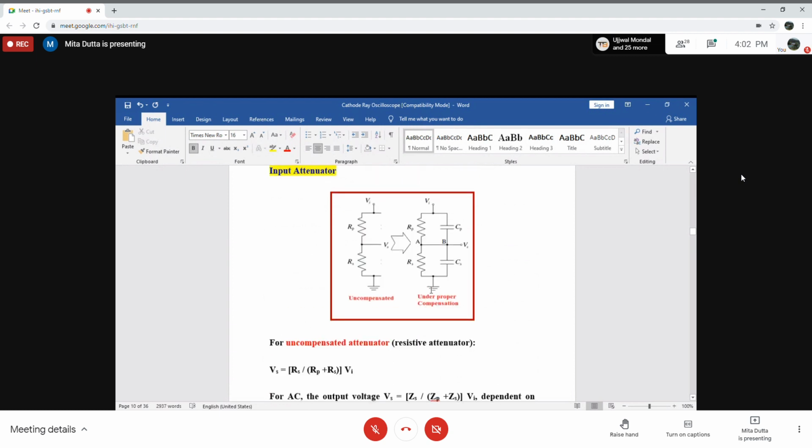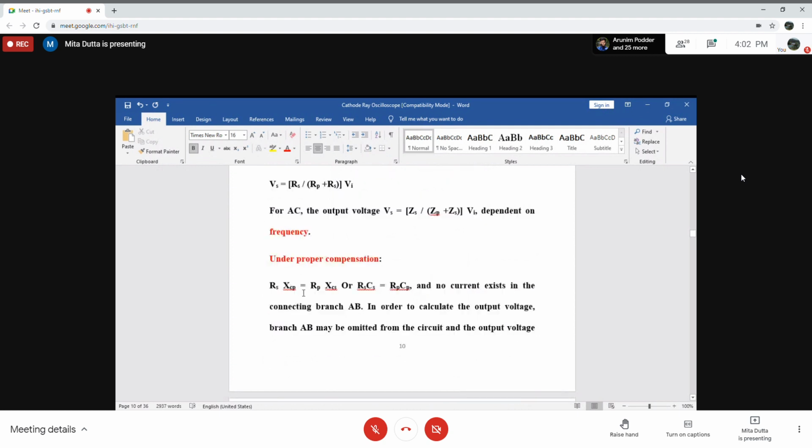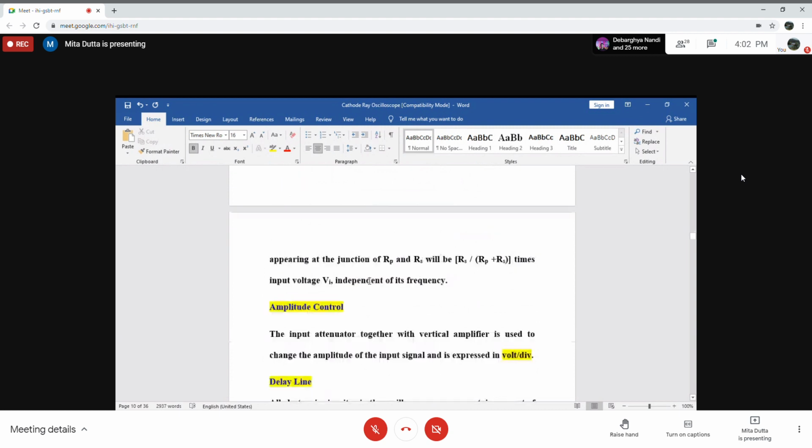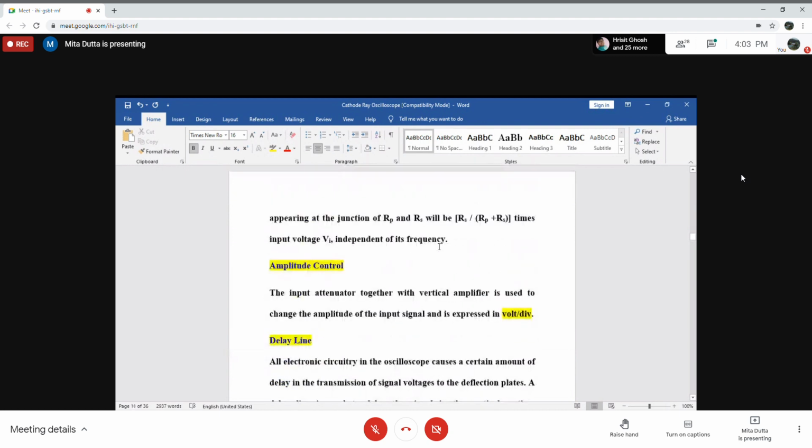Because between these two points we are giving supply. This is one arm of the bridge, this is the other arm, this is the third, this is the fourth, and here we kept a detector. So RS into XCP equals RP into XCS, or RSCS equals RPCP. And so Vs will be equal to RS divided by RP plus RS times Vi, which is independent of frequency.